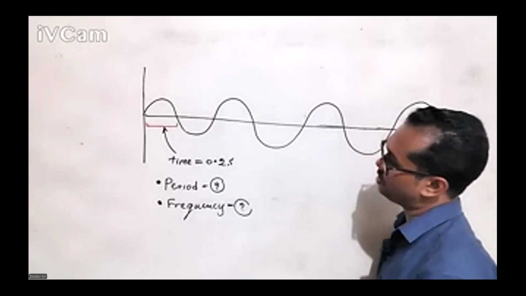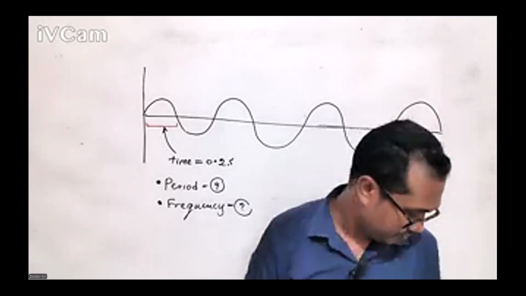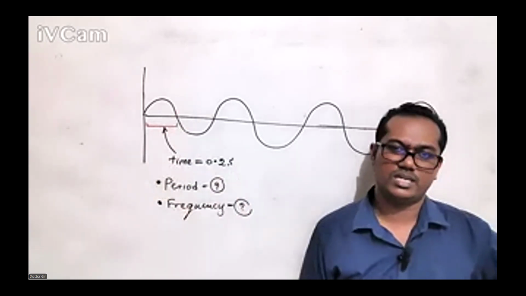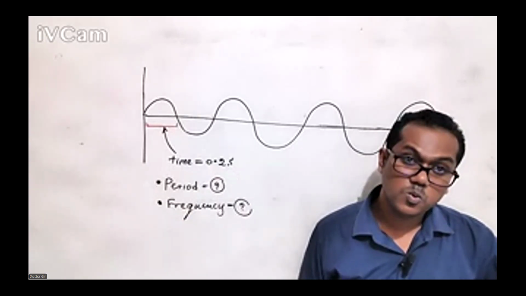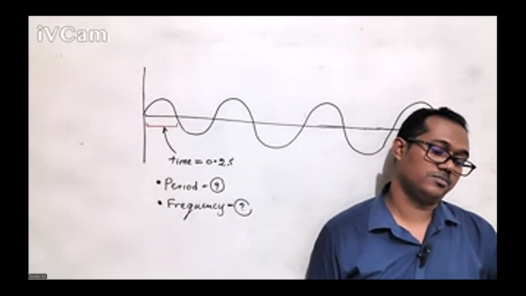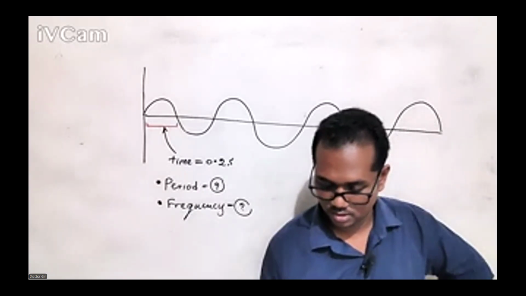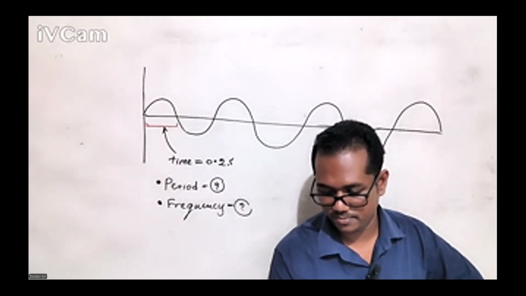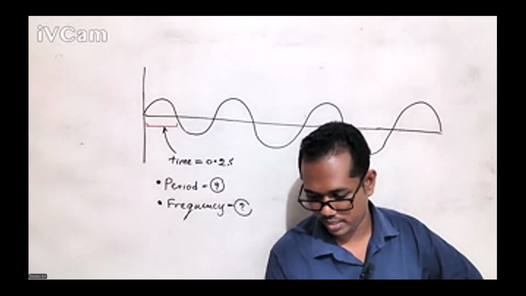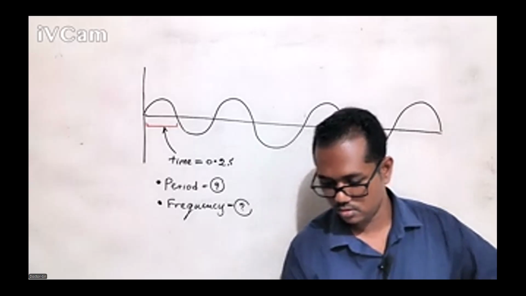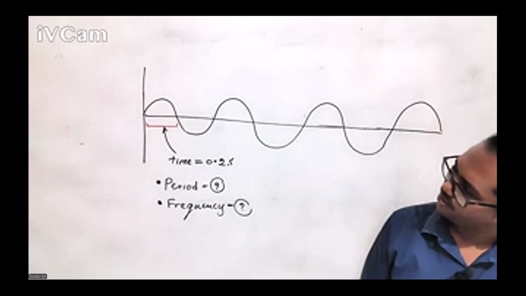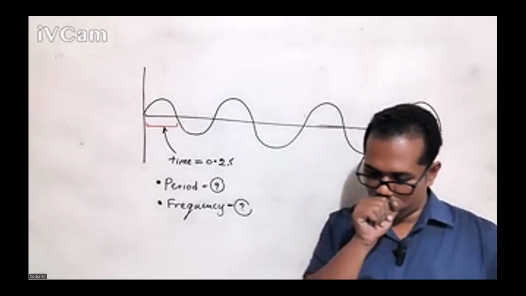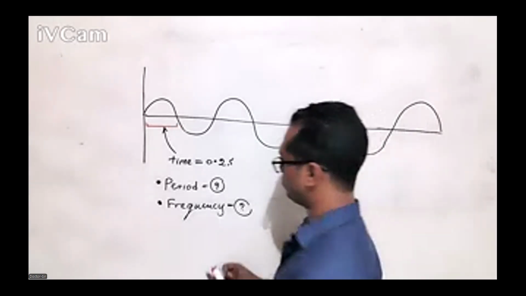Okay, that's the answer. I just gave the time for one crest, this small crest, 0.2 second. So what is the period now? Okay, 0.5, what is that 0.5? Look here.